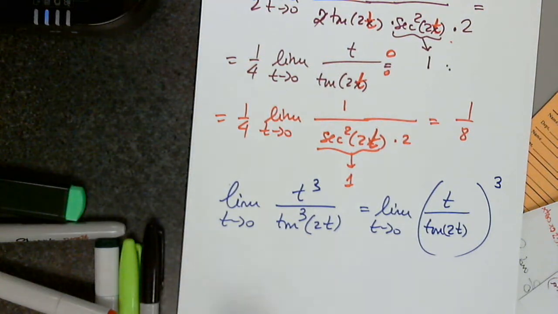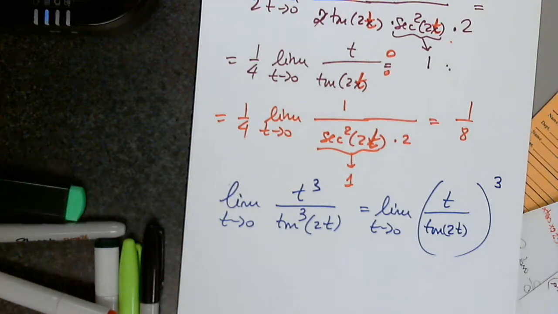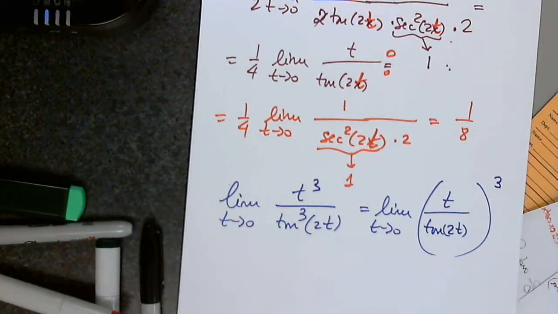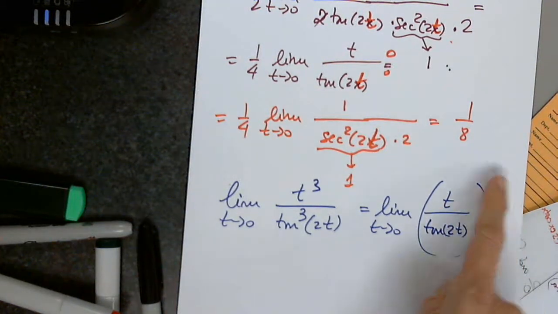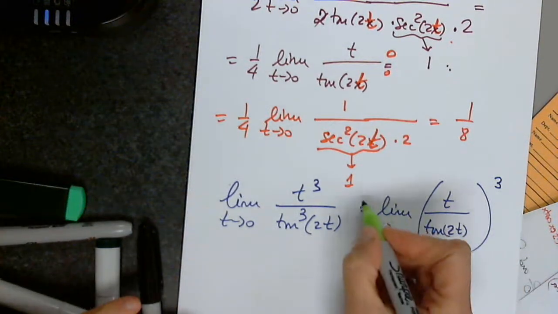Is t cubed over tangent cubed the same as t over tangent, everything cubed? Yes? T cubed is here, tangent cubed is here. That's how we raise a fraction to a power. We raise the top and we raise the bottom. Is this okay? Good. Still, of course, I have 0 over 0.